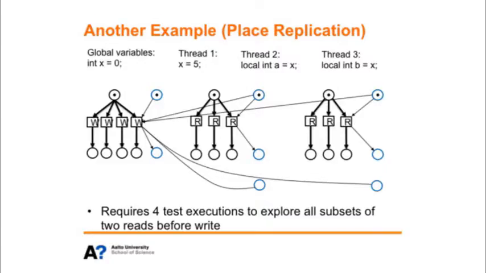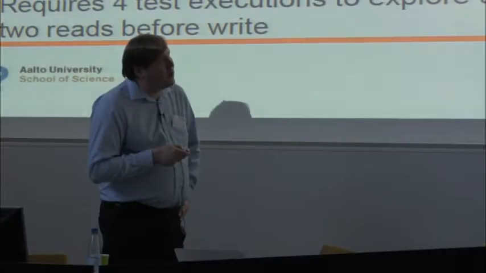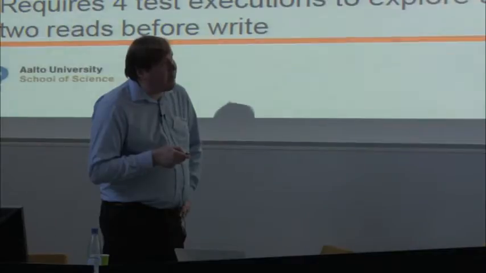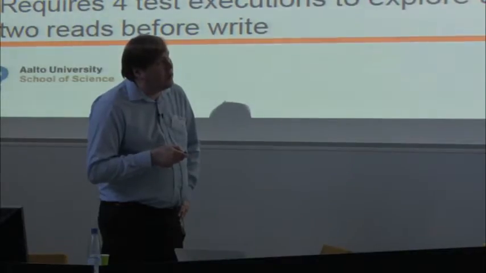Okay, here's another example. Let's suppose that we have a thread that is trying to write a global variable x, and two other threads that are trying to read it. Now, if we think about all the scenarios in our original place replication encoding, how many writes will there be?